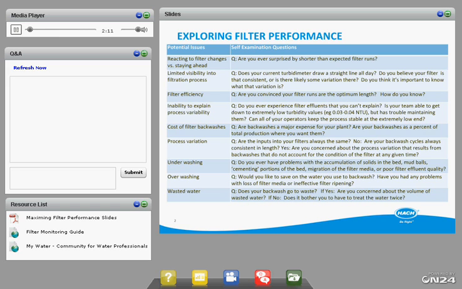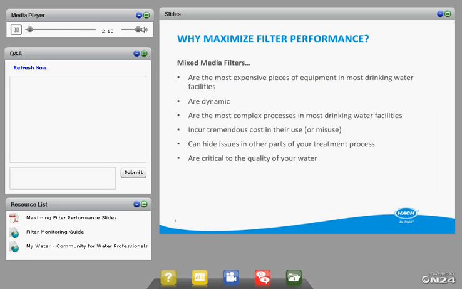Moving along, when we take a look at the filters themselves, why bother to maximize their performance? Well, these are hardly giant sandboxes when we talk about your mixed media filters. In fact, these are the most expensive and certainly most complex parts of most drinking water facilities.